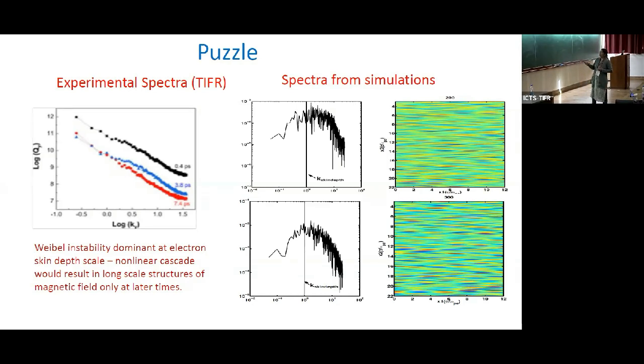In theoretical simulation, when you start interpenetrating beams and simulate that, and they get Weibel separated, the scales that form are around skin depth. So the power peaks initially at electron skin depth, but that doesn't show up in experiments. So there is something else which is happening. And what is it that needs to be understood?